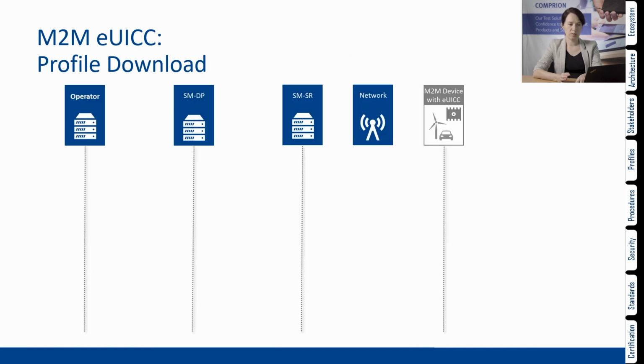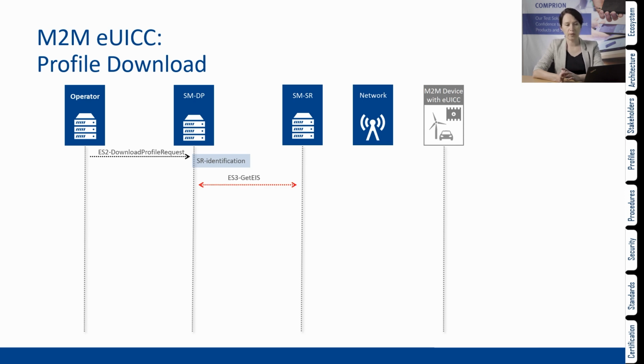So, just a little bit deeper. This is the profile download request being sent to the SM-DP. Then the SM-DP performs the SM-SR identification. Just a step back: the information sent with the profile download request will include the ID of the SM-SR, so the SM-DP can perform the SM-SR identification.